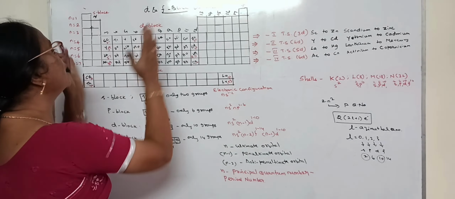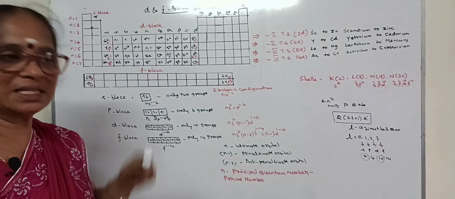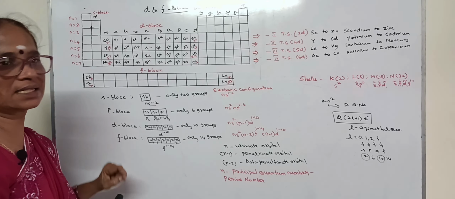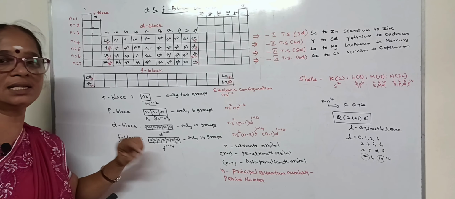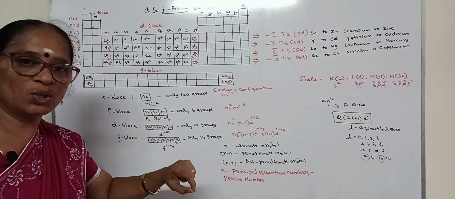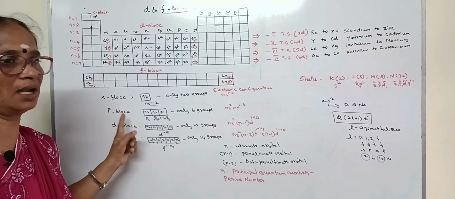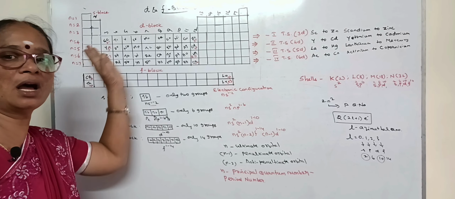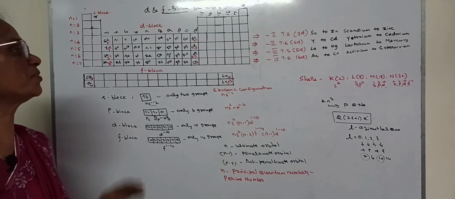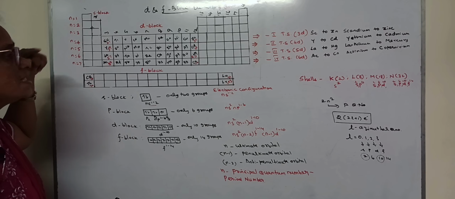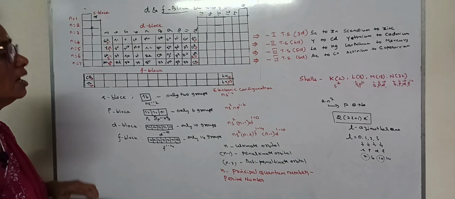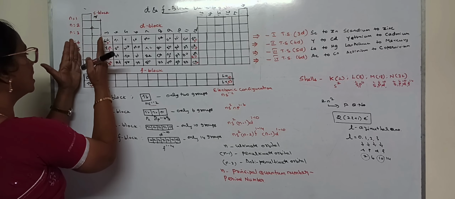Now, how are the groups developed? This is because the valence electron, or the differentiating electron, or the last electron, enters a particular subshell, and that makes the element belong to a particular block. For example, if the valence electron enters the s orbital, then that element comes under the s block.